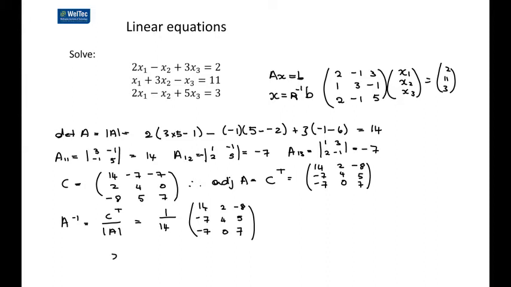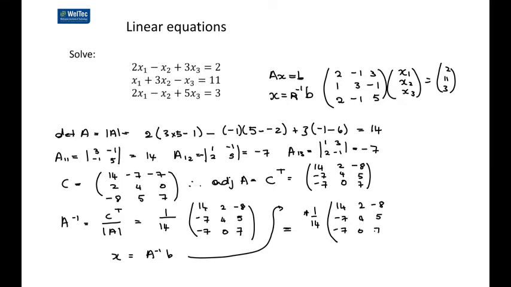And then x is equal to the inverse times b, so it's equal to positive 1 over 14 times 14, negative 8, negative 7, 4, 5, negative 7, 0, 7, times b, which is 2, 11, 3.